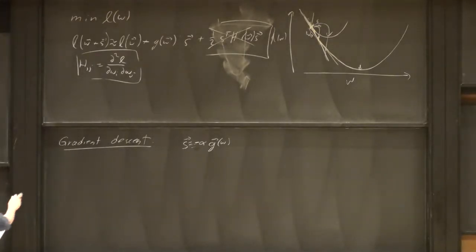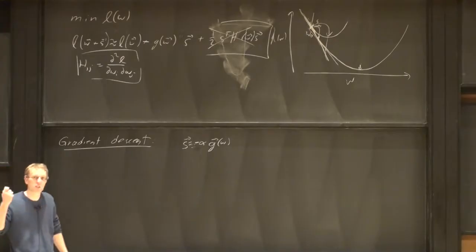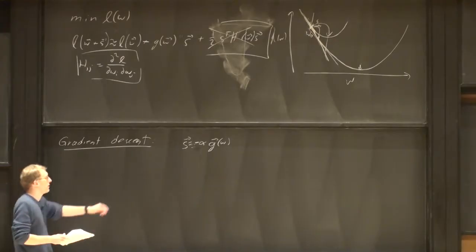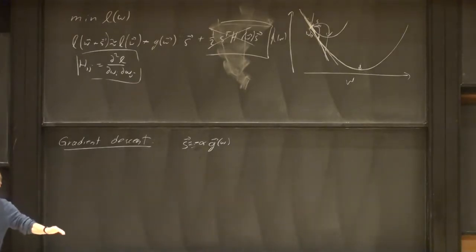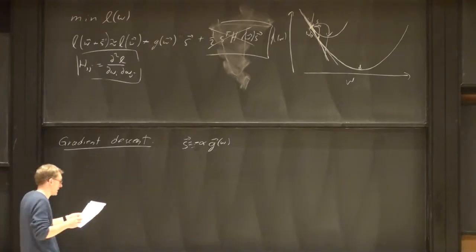If you just look at this approximation, it's very easy to show that if we take this step, we will always take a step down. We will always reduce the function value. Let's test this for a second.